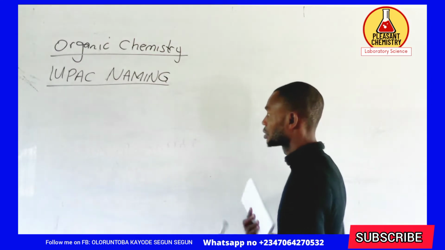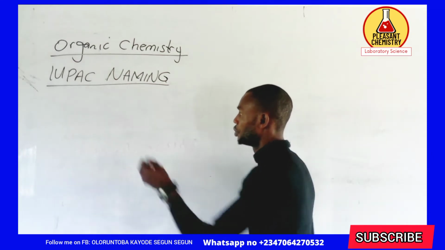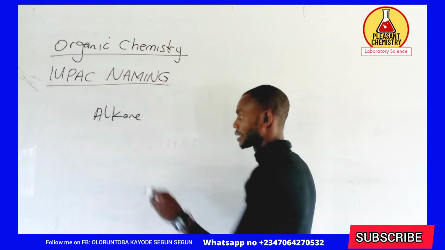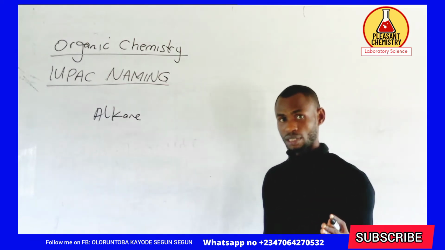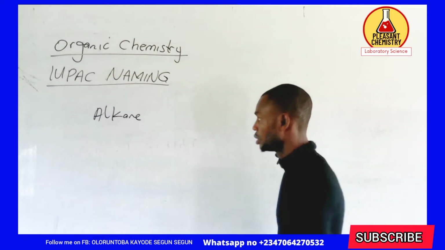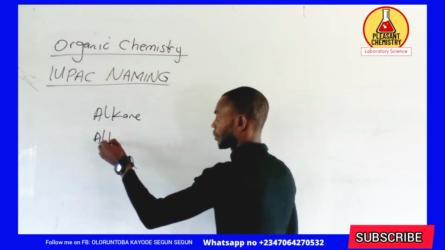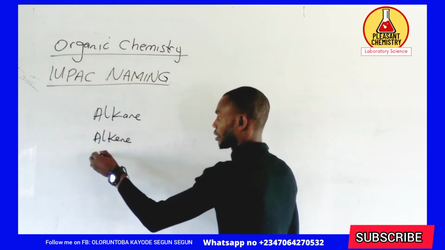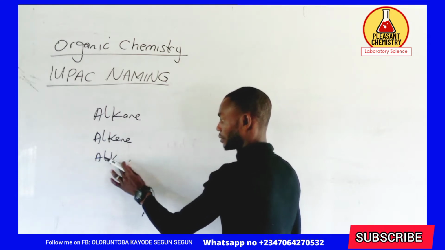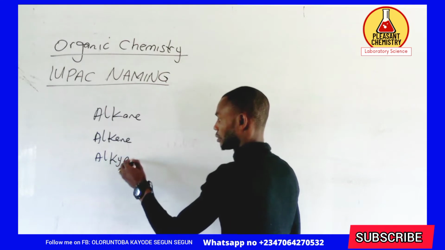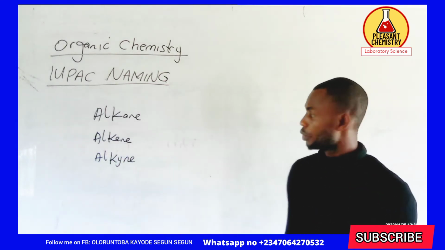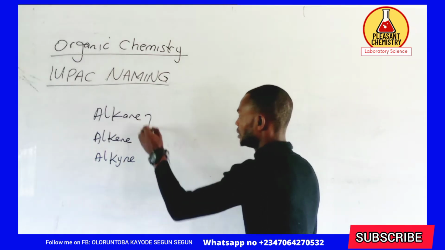Take for instance, when we have alkane as a family, or we can say alkane as homologous, we have alkene, and then we have alkyne. These three are homologous families. Now these are family names.